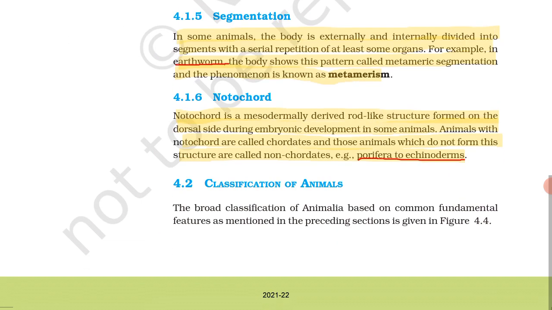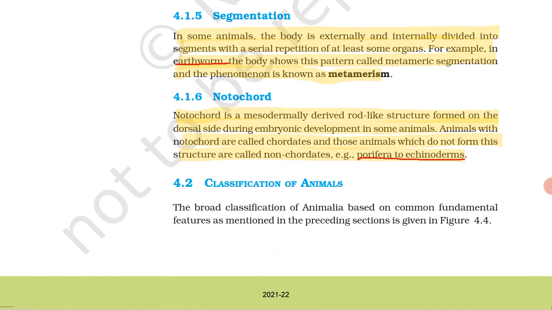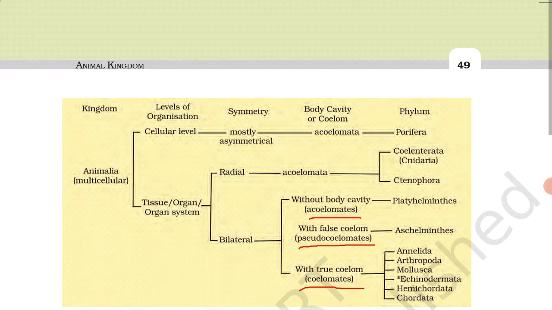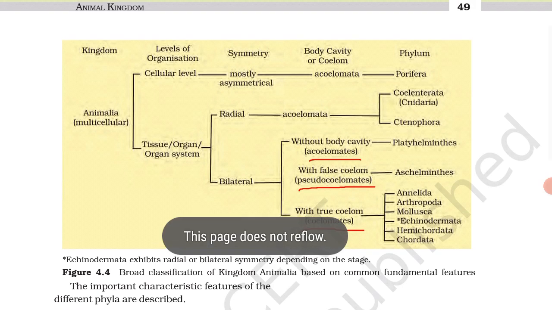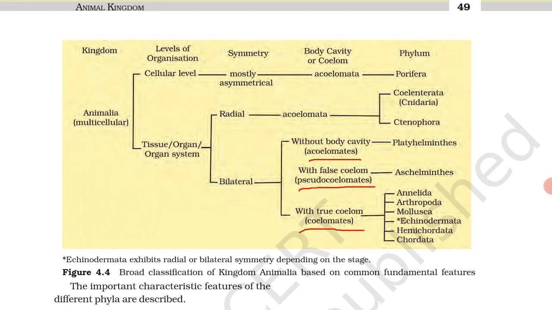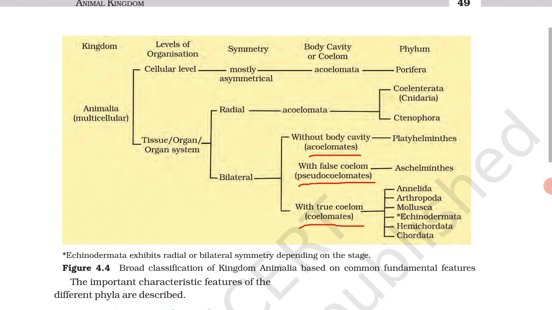Next is classification of animals. The broad classification of Animalia based on some fundamental features mentioned in the preceding section is given in Figure 4.4. Figure 4.4, broad classification of kingdom Animalia based on common fundamental features; different phyla are described.